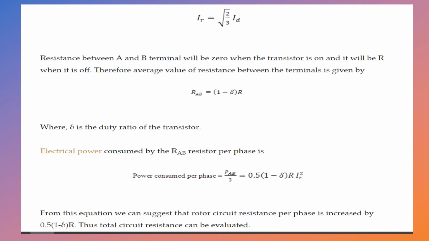The electrical power consumed by the resistor per phase is given by P equal to I square R, and this equation suggests that the rotor circuit resistance per phase is increased by 0.5 into (1 minus delta) into R.